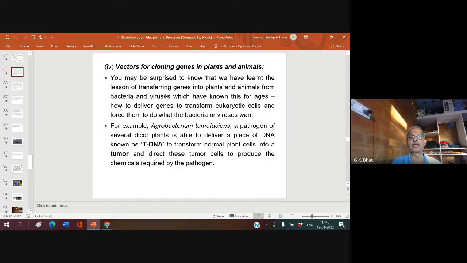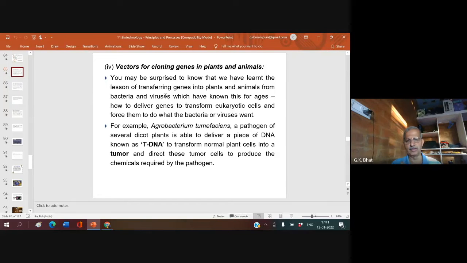For example, Agrobacterium tumefaciens, a pathogen of several dicot plants, is able to deliver a piece of DNA known as tDNA to transform normal plant cells into a tumor and direct these tumor cells to produce chemicals required by the pathogen.